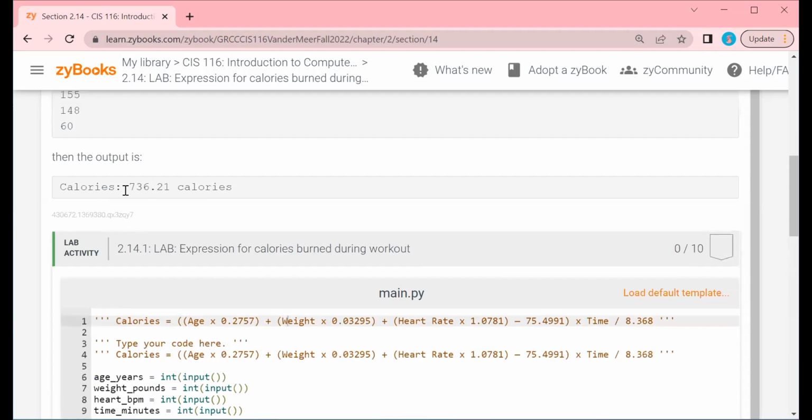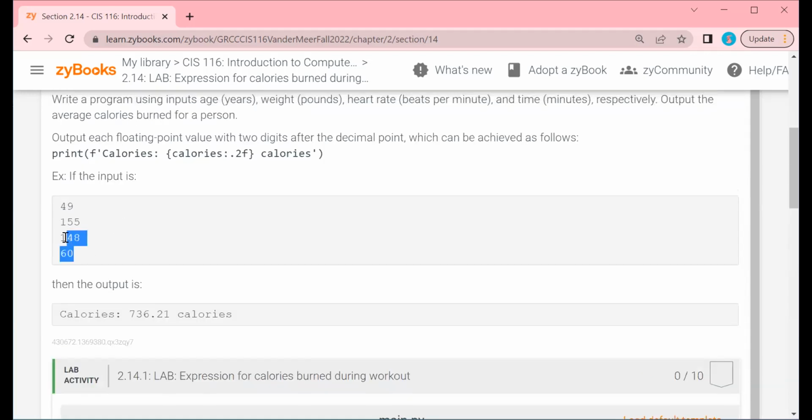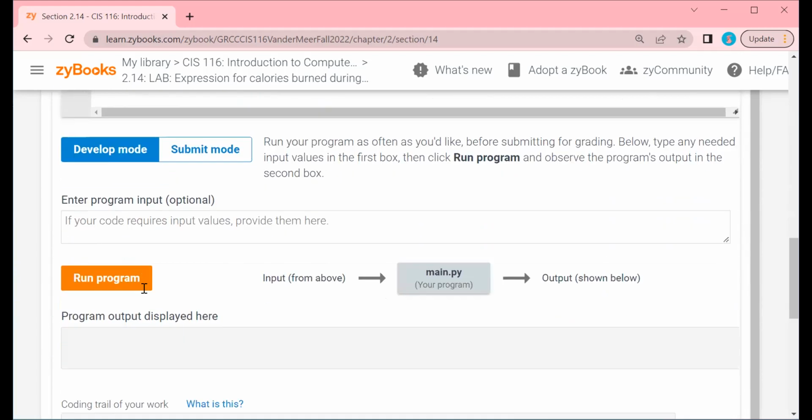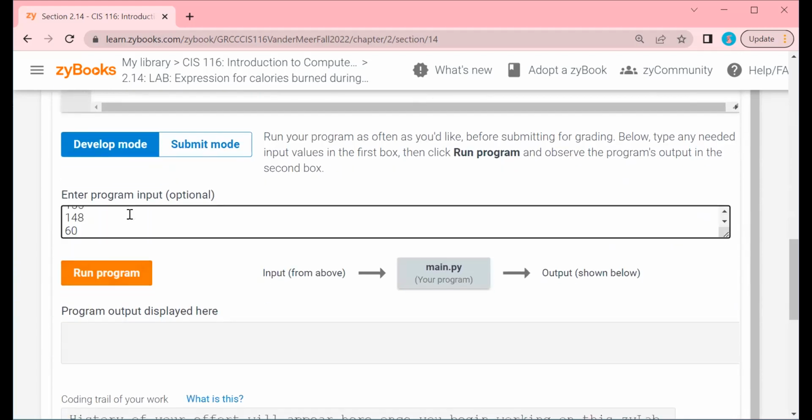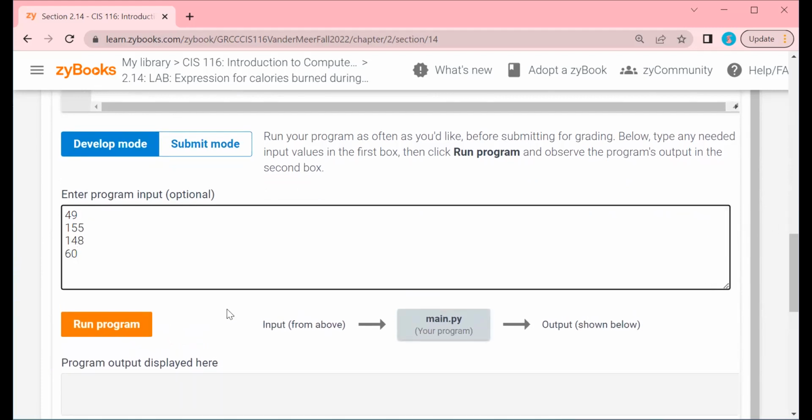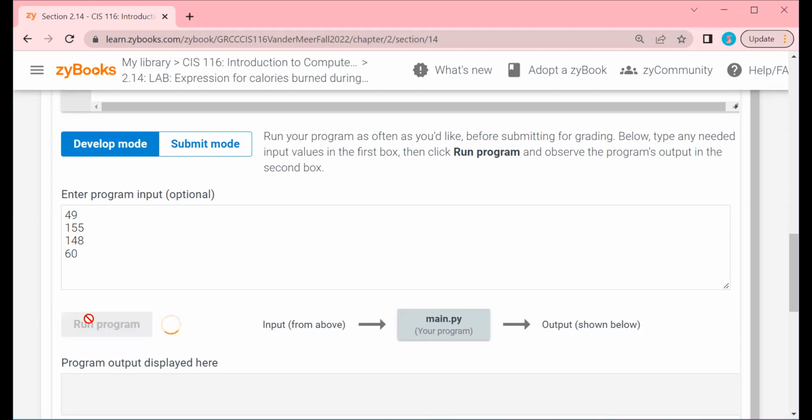So let's do a sample input. See if I can copy this. So I'm 49, 155 pounds. My heart rate's at 148 for 60 minutes. Let me run this, and if I exercise for an hour, I will burn 736 calories.